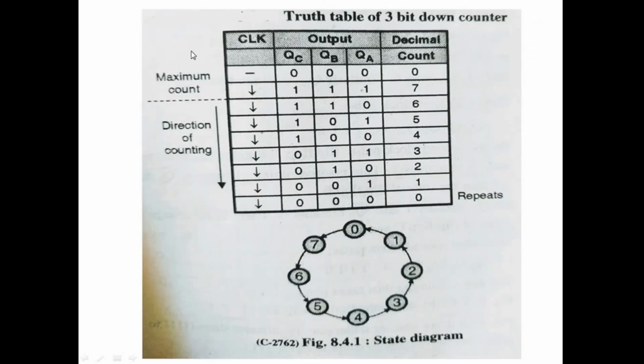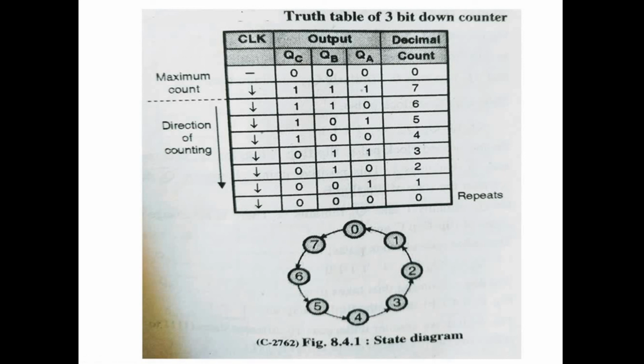For this particular timing diagram, the truth table is given like this: 7, 6, 5, 4, 3, 2, 1, and then 0. Once again, this process repeats as shown in the state diagram.